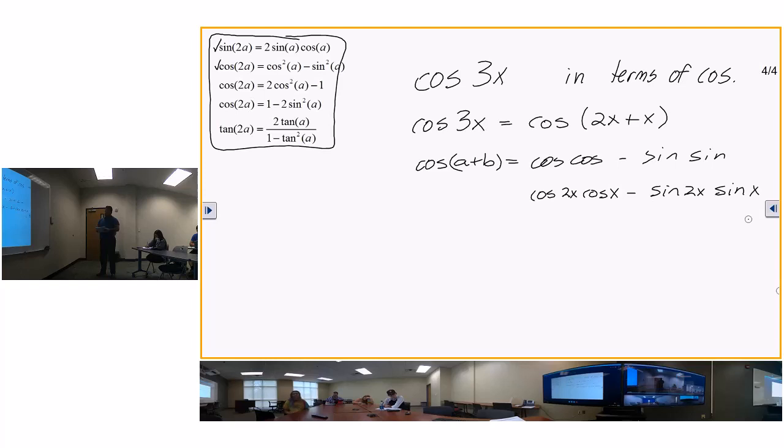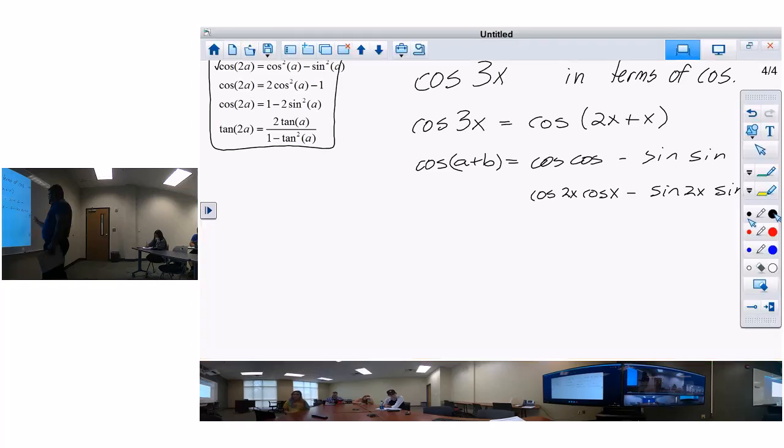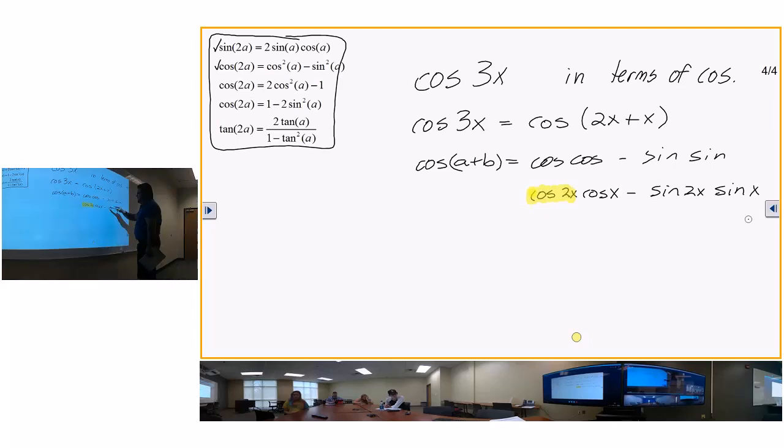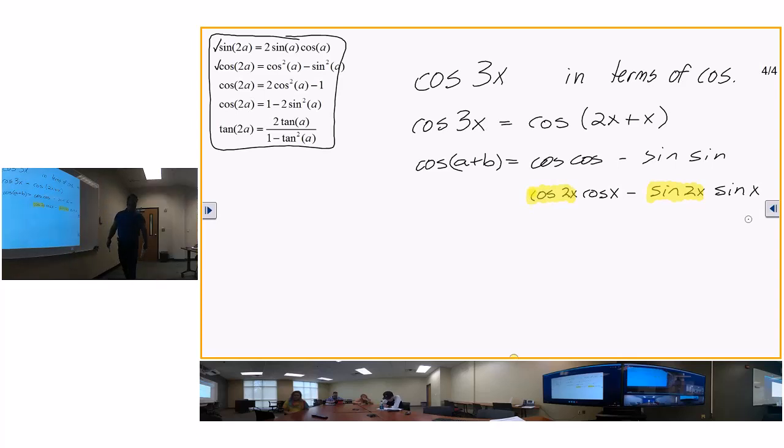Now the cosine of 2x and the cosine of x, take your handy dandy highlighter here, can be rewritten by the identities right there. And look at there, that can be rewritten as the identities over there. So go to it. This is what you call a nested problem.